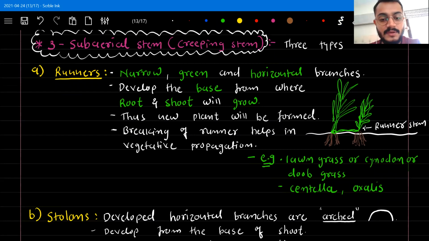This is how the new plant forms. After breaking the runner, it helps in vegetative propagation, and this is how two new individual plants develop.